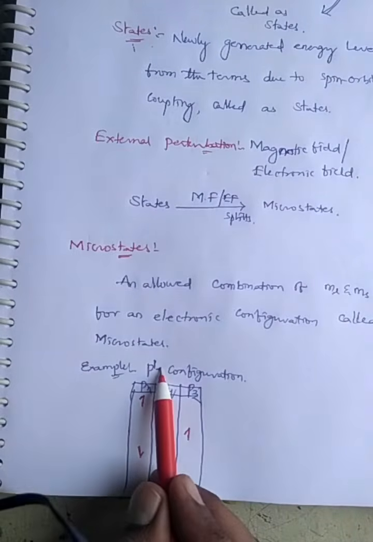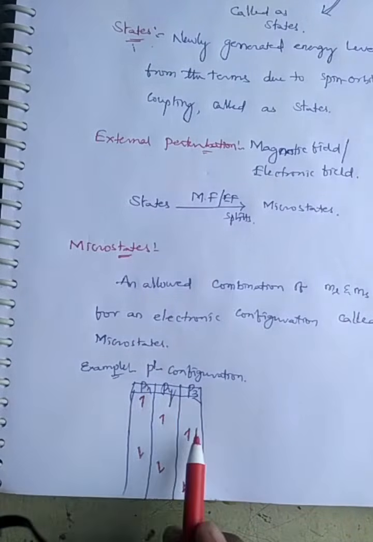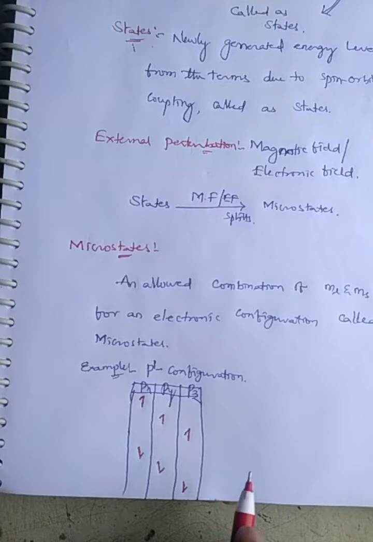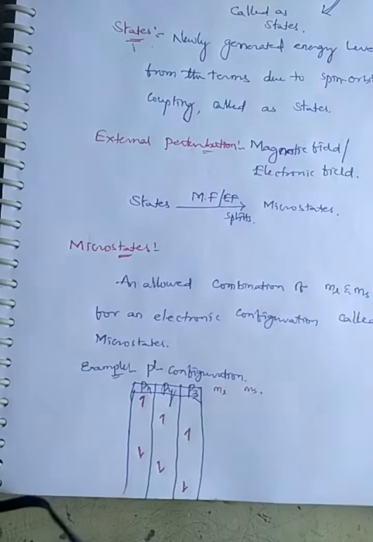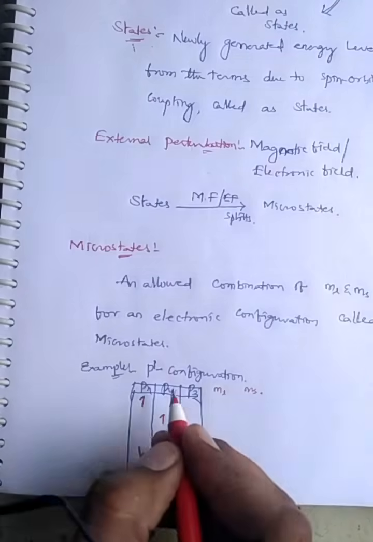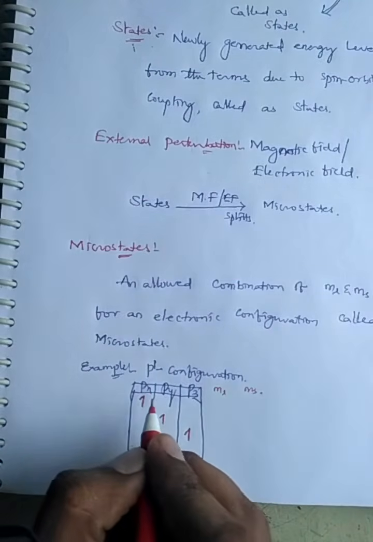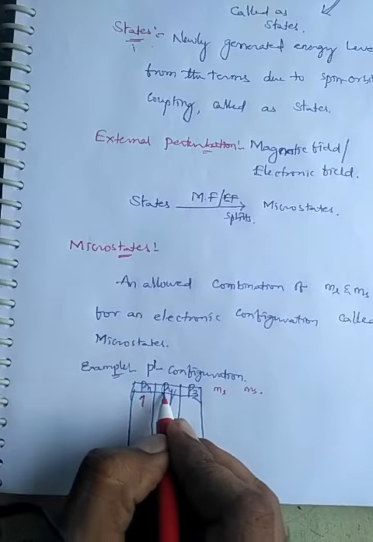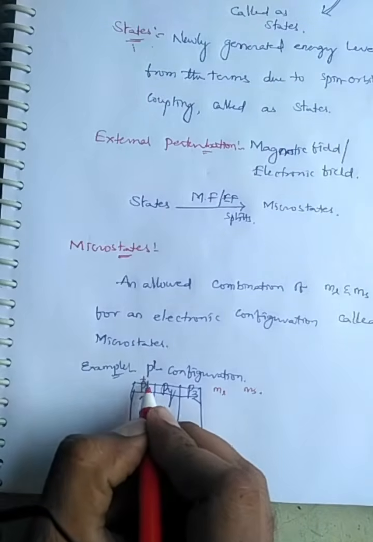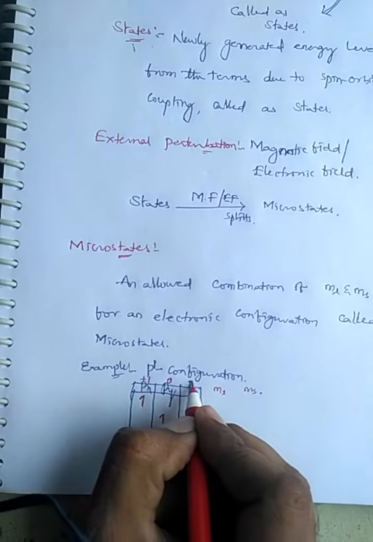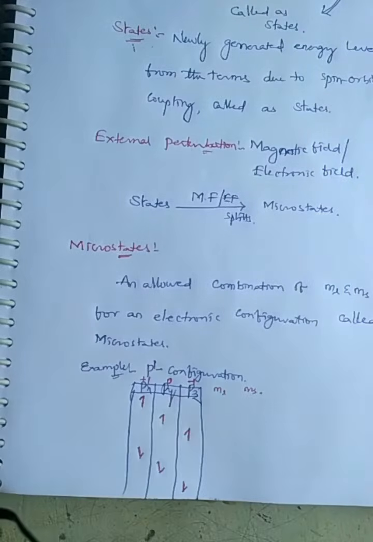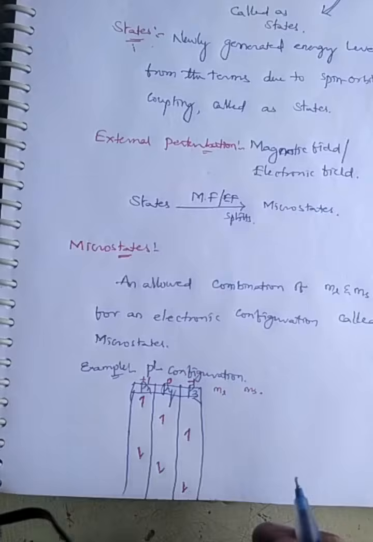So the p1 electron can have all these possible arrangements, and when you look into the ML/MS values, before that, for px, py, pz, px may be considered as +1, py as 0, and pz as -1.